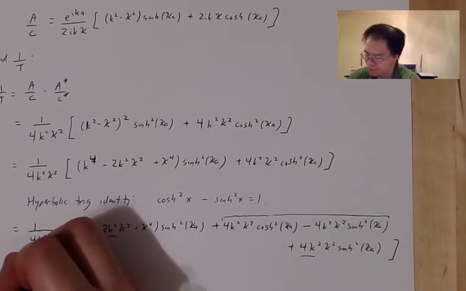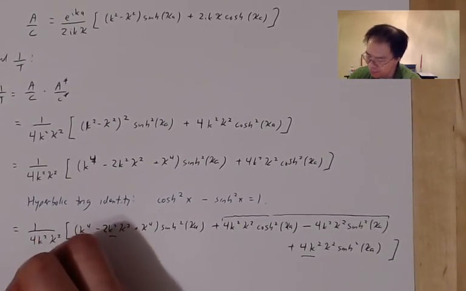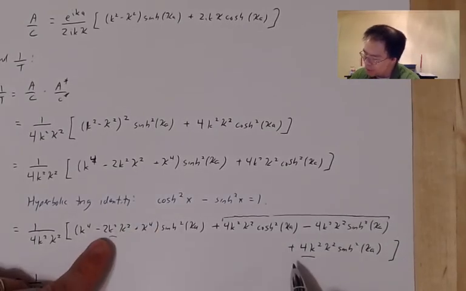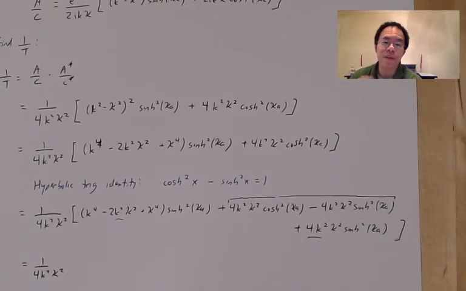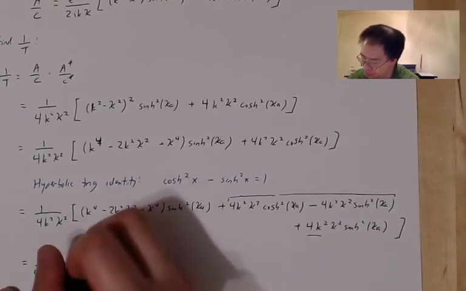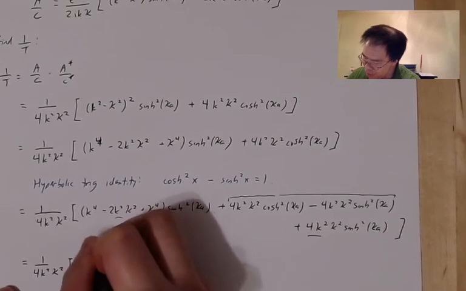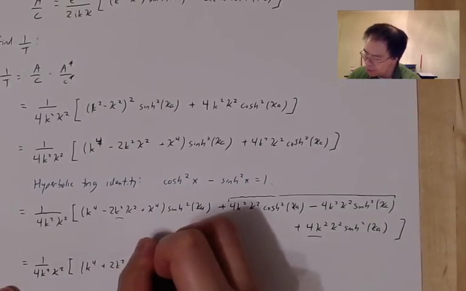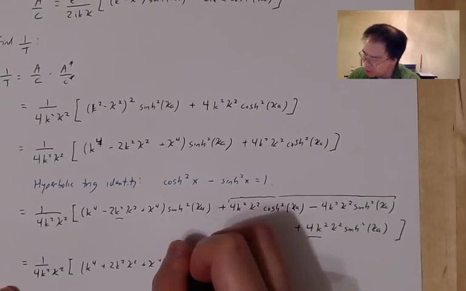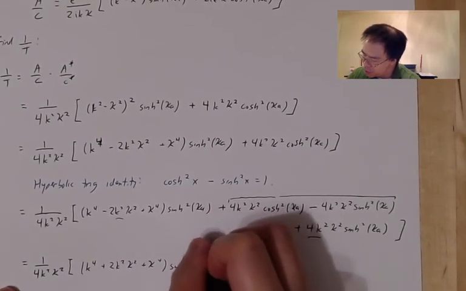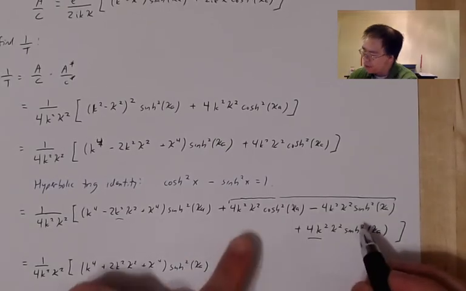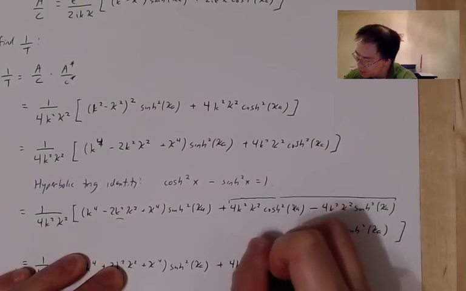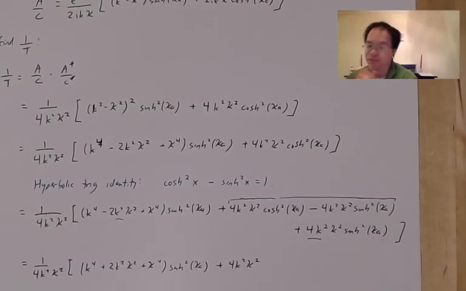If I do that, I have 1 over 4k²κ². So minus 2 plus 4 gives me plus 2. And this gives me k to the fourth plus 2k²κ² plus κ to the fourth, sinh² κa. And then by the identity, I have plus 4k²κ² times 1.